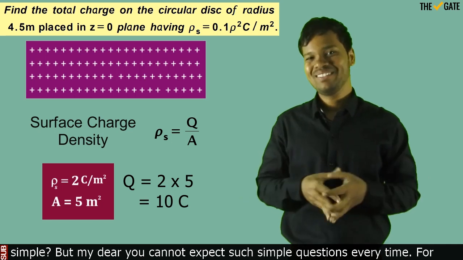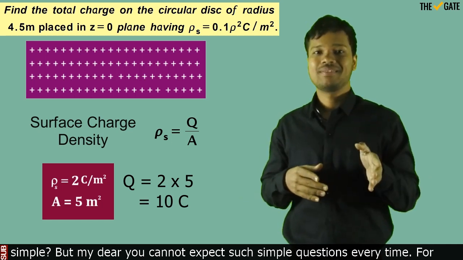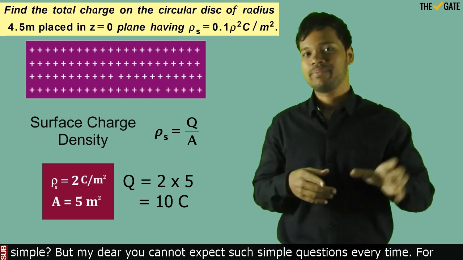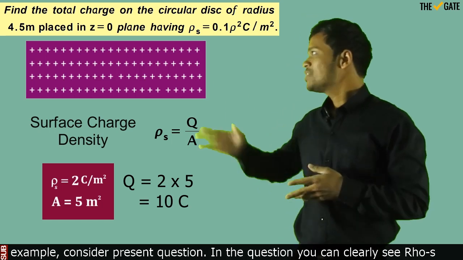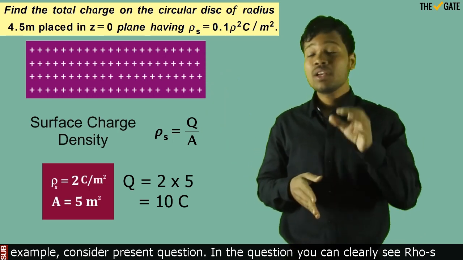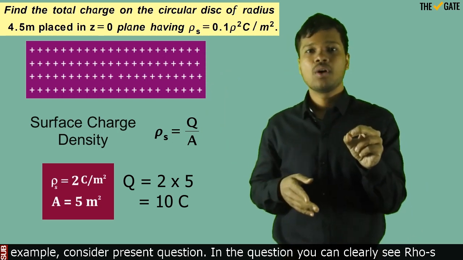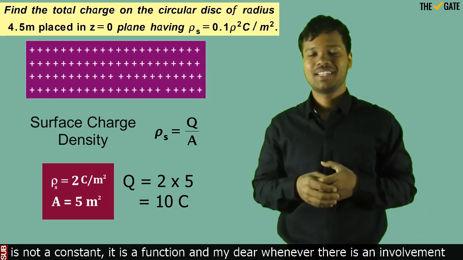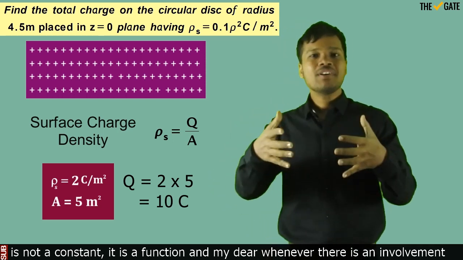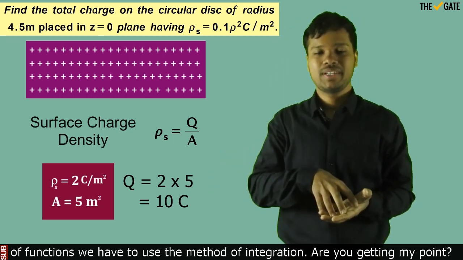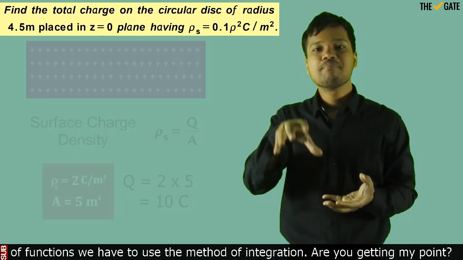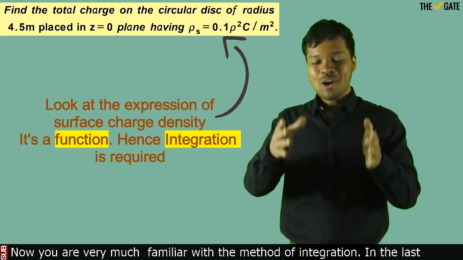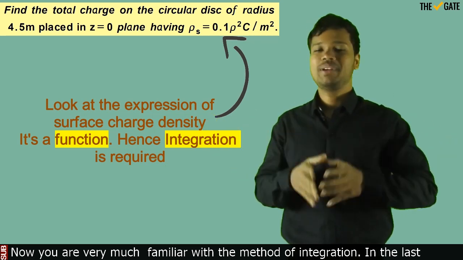Isn't this very simple? But my dear, you cannot expect such simple questions every time. For example, consider our present question. In the question, you can clearly see rho s is not a constant. It is a function. And my dear, whenever there is an involvement of functions, we have to use the method of integration. Are you getting my point? Now, you are very much familiar with the method of integration.